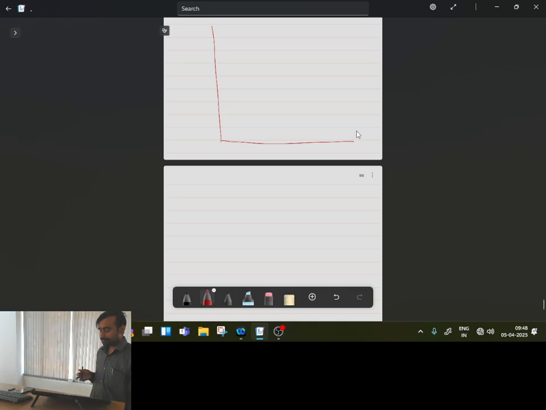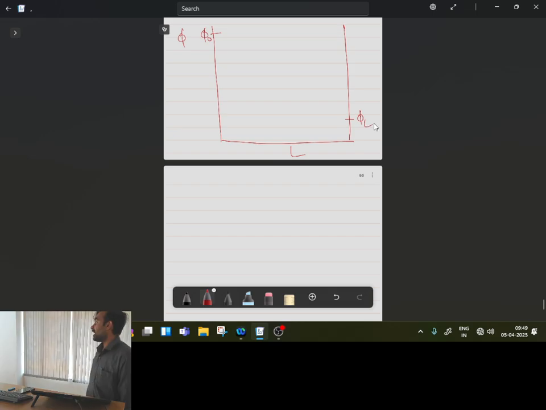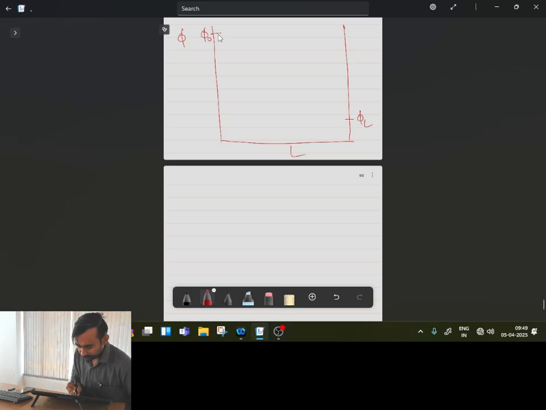Whatever observations I am representing here from my experience or from textbook knowledge, you can try on your own. By just varying delta x in your numerical code, you will see that one time the solution comes like this, another time it comes some other way. All these things you can try with the help of a code.